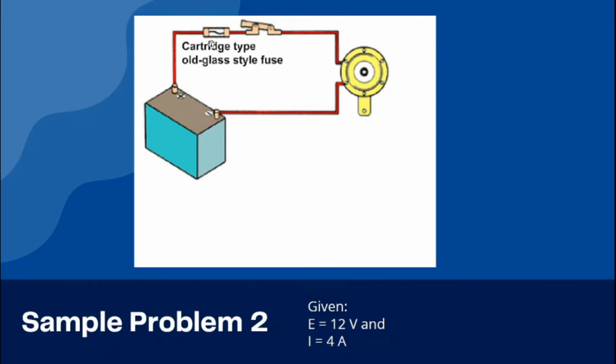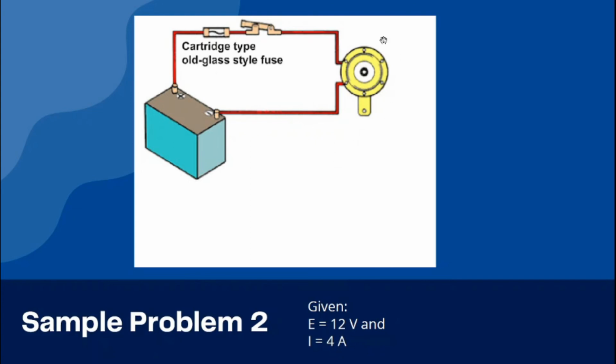We have a fuse, then we also have the switch connected to the battery, and this is the horn of the motorcycle. Now, given daw, class, the voltage provided is 12 volts. And somehow, we learned that the current flowing through the circuit is 4 amperes.